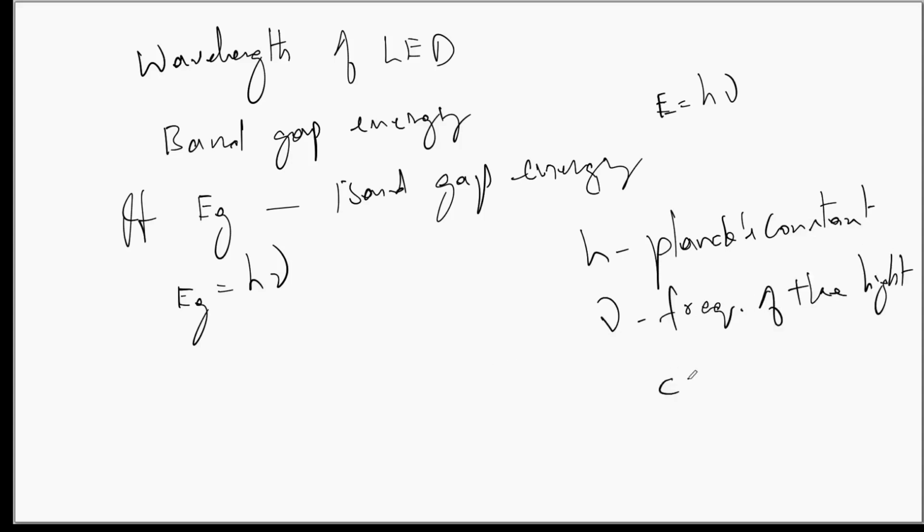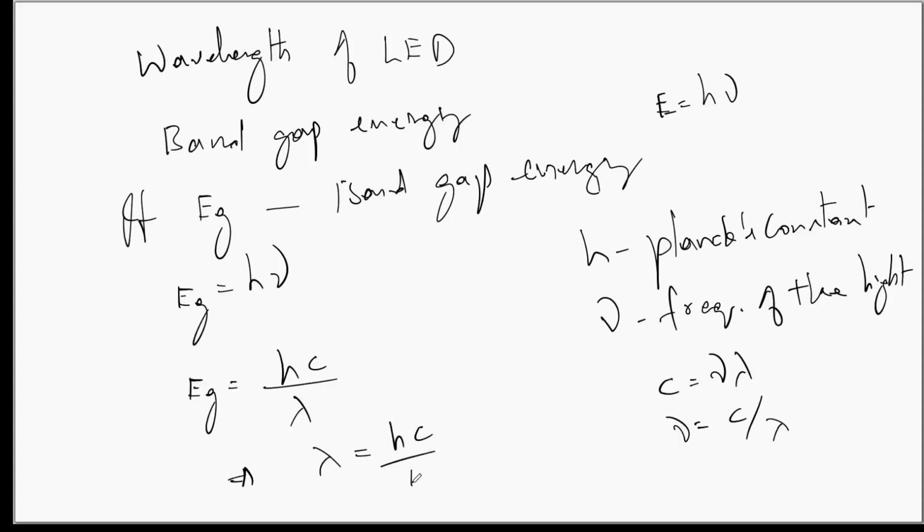Since we know c is equal to nu lambda, we can write nu as c upon lambda. So here we write Eg is equal to hc by lambda. This implies wavelength lambda of the light that is emitted from an LED is hc upon Eg.